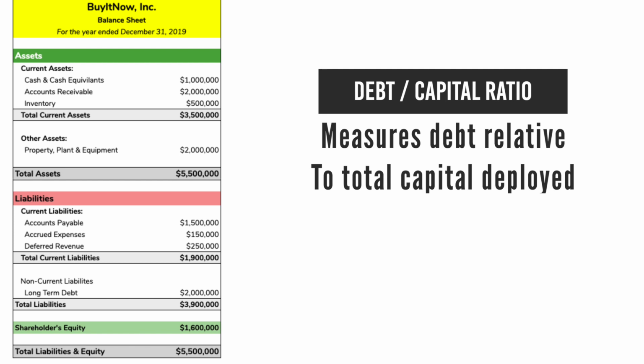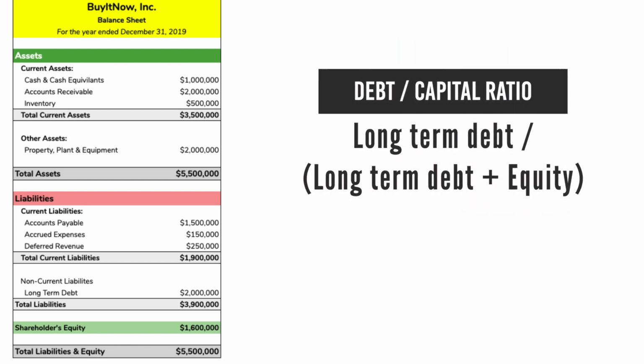So the formula for debt to capital ratio is long-term debt divided by long-term debt plus equity, which compares the amount of debt to the total capital deployed in the company.